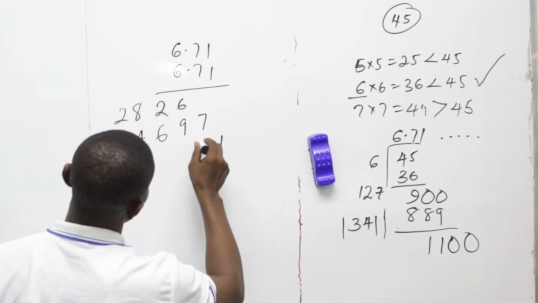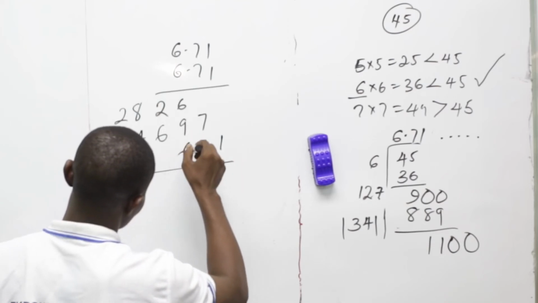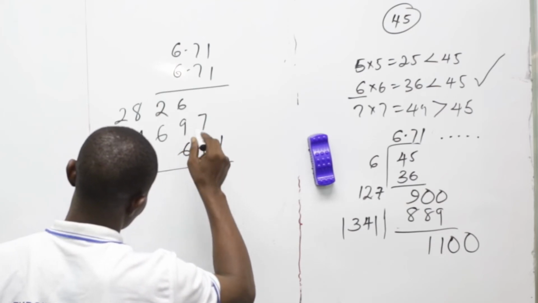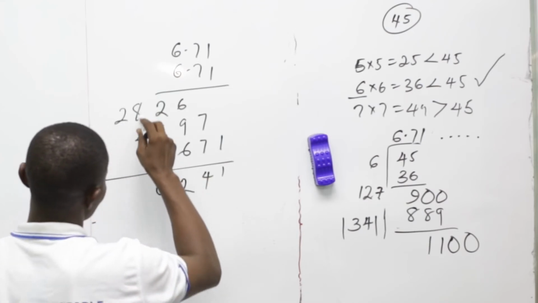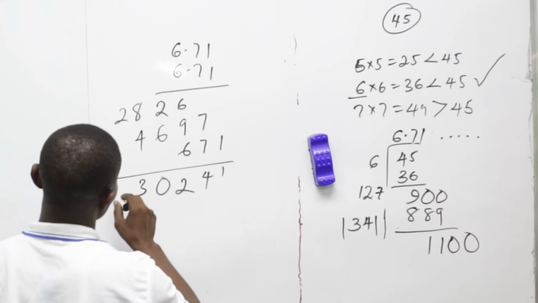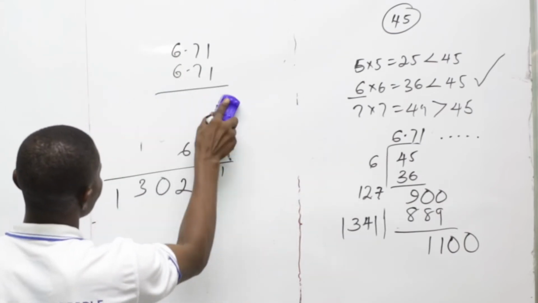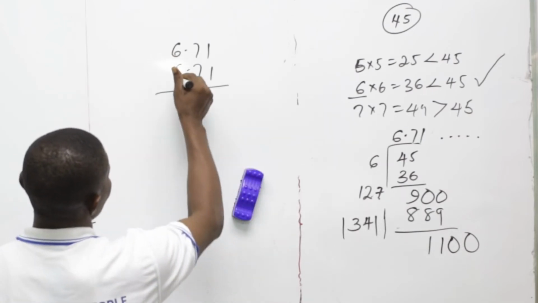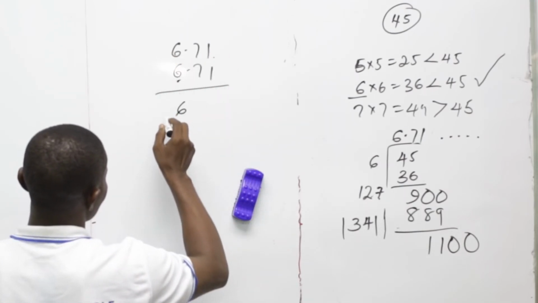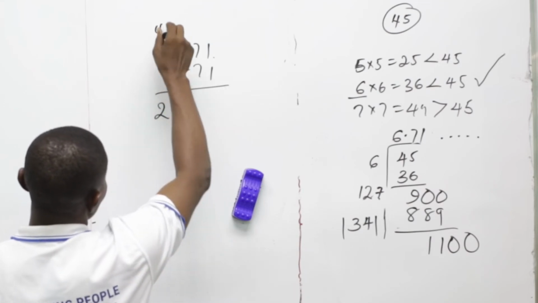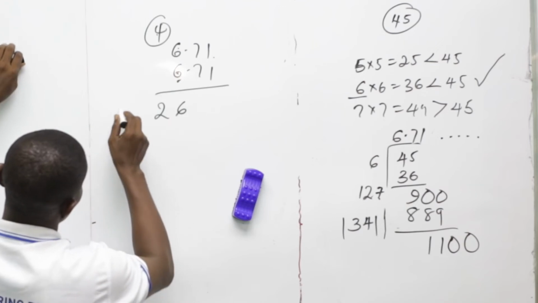One, 7, 6, 1, 4, 15. 21, 22, carry 2, this is 8, 10, 0. This is 12 plus 13, carry 1. 6 times 1, 6, 6 times 7, 42, carry 4. 6 times 6, 36 plus 4, 40.